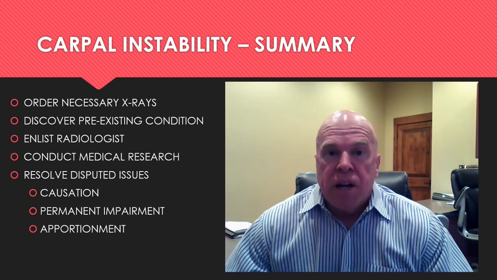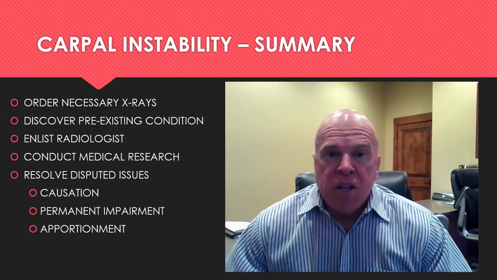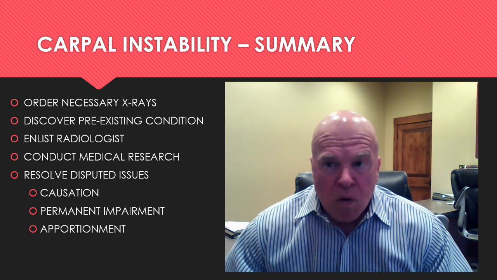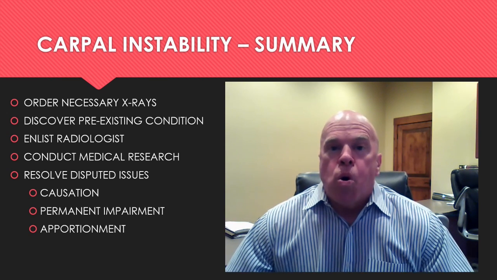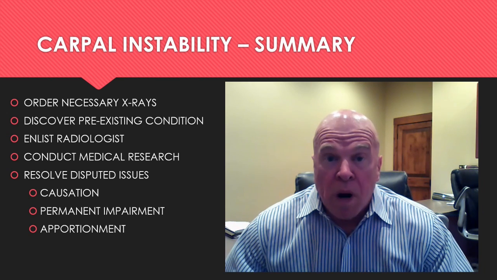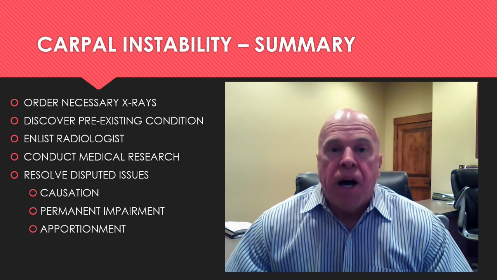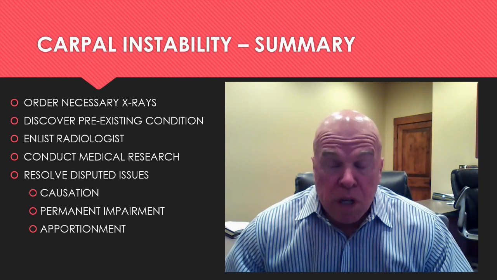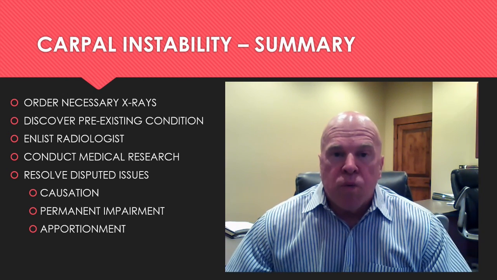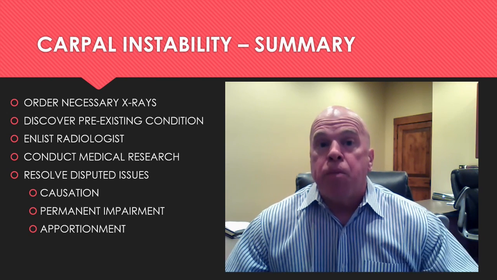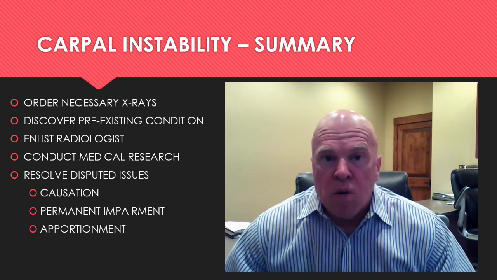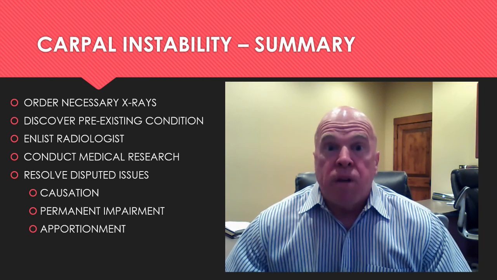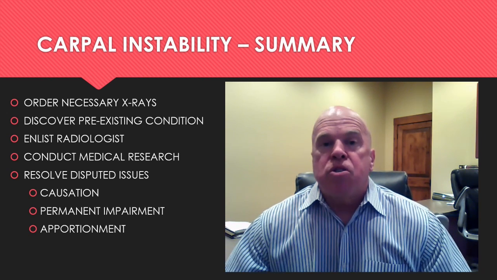In the case where you find abnormal findings on the X-ray studies, you want to enlist the medical radiologist for an addendum report wherein he describes the abnormal finding. This is what provides you the authority to conduct medical research on the significance of the abnormal finding, as that abnormal finding relates or possibly does not relate to the particular circumstances of your examinee.